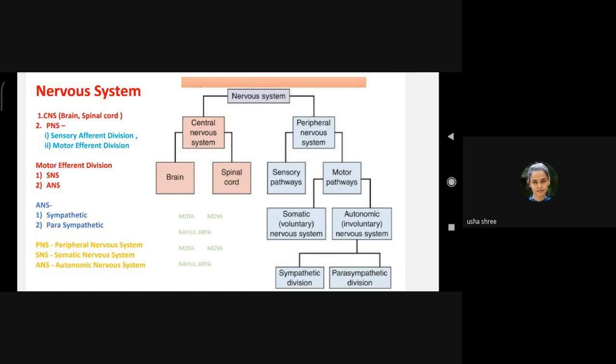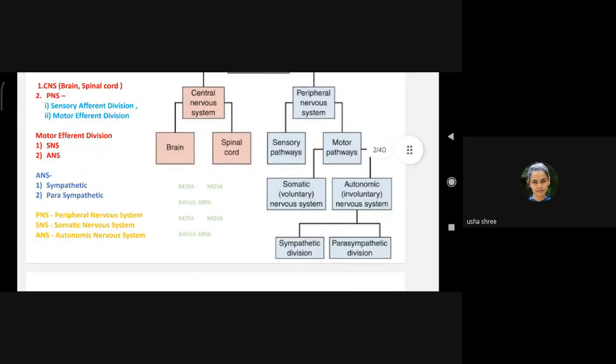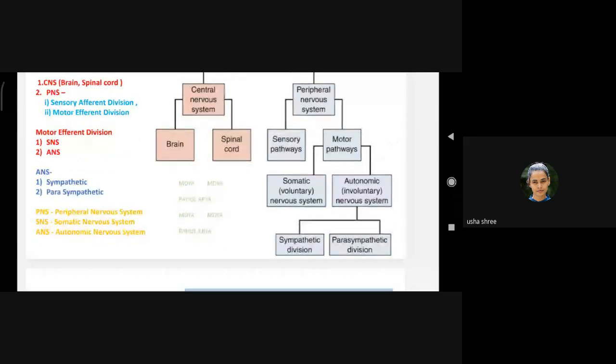So the motor pathways are divided into the somatic nervous system and the autonomic nervous system. Now, the autonomic nervous system is further divided into the sympathetic division and the parasympathetic division. What is the sympathetic division?